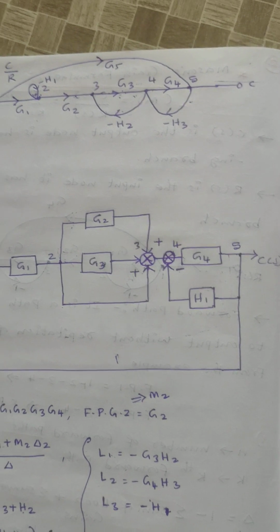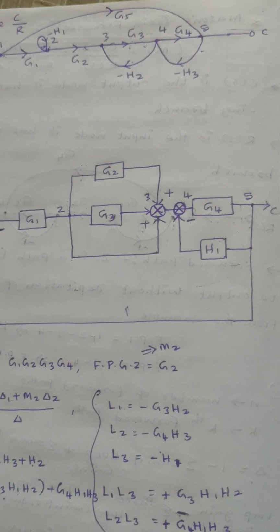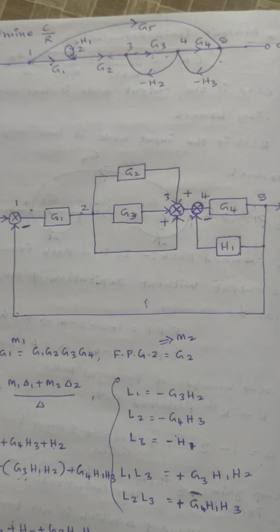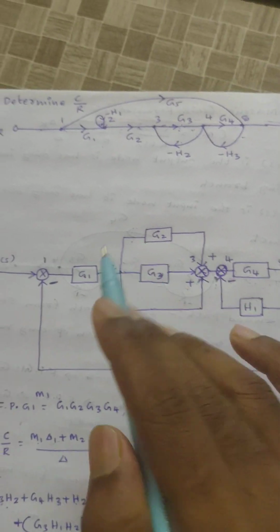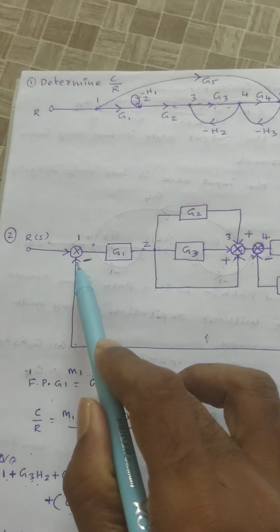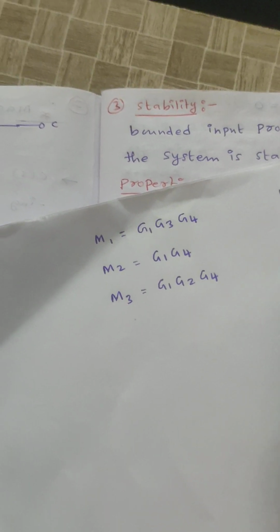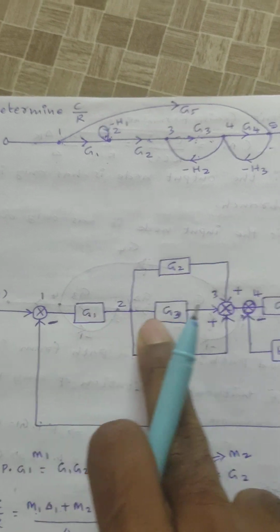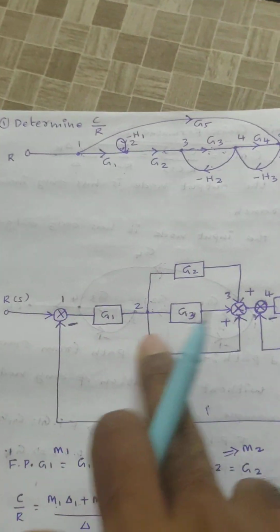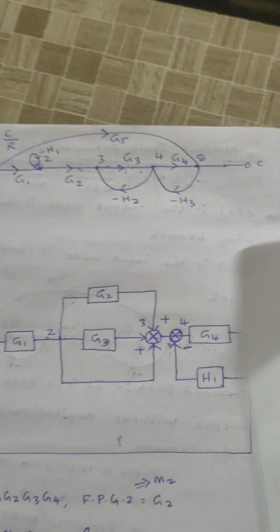Next, G1, G3, G4 into this one, with negative feedback. That is another loop gain. Loop 2 is equal to minus G1, G3, G4.